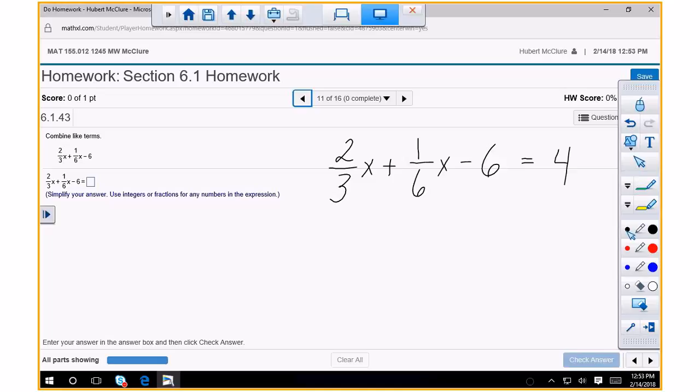What's the common denominator of 3 and 6? 6. So we're going to multiply by 6 over 1. How many terms we're going to multiply by? 4, Hubert. That's right, class. Thank you for the interaction.